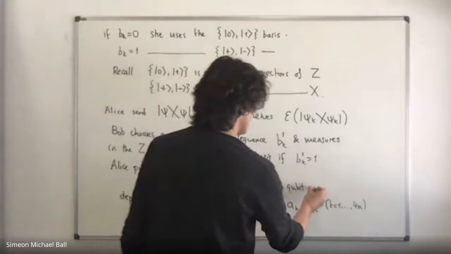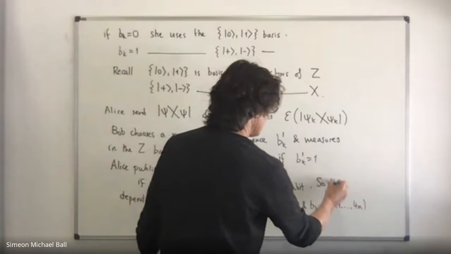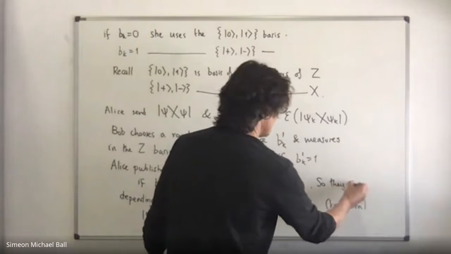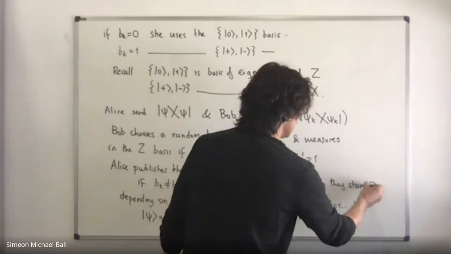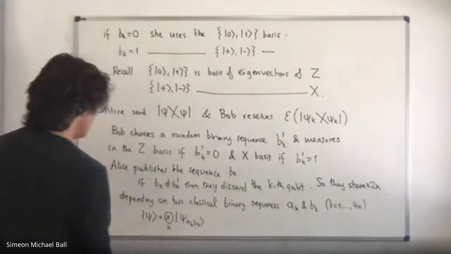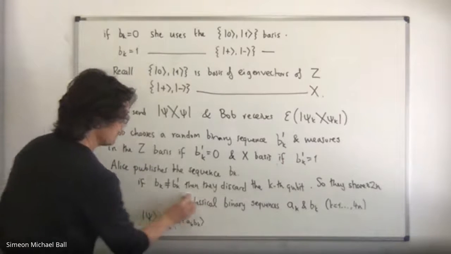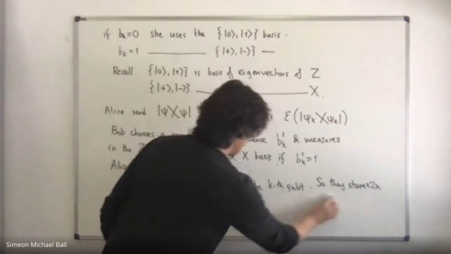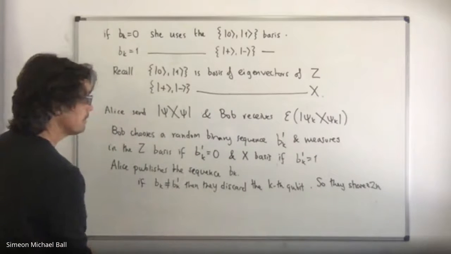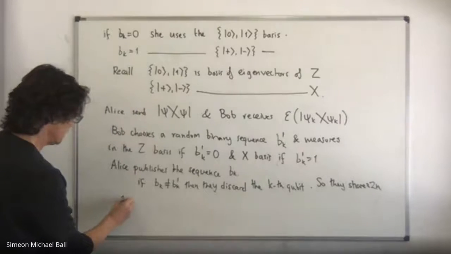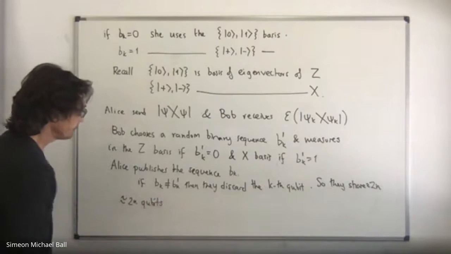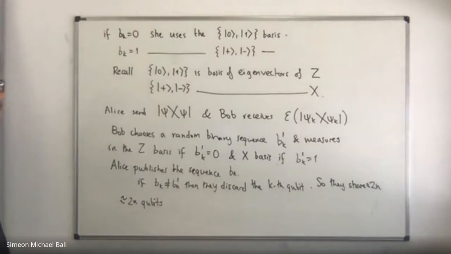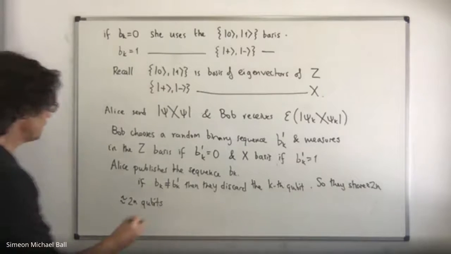So they now share roughly 2n qubits, which should be the same.